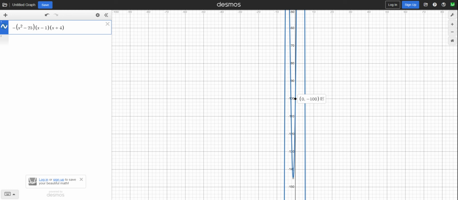Your x-intercept. Your x value, comma, your y value. Your y-intercept. Your x value, your y value. Remember, your x-intercept has an x number. Your y-intercept has a y number.